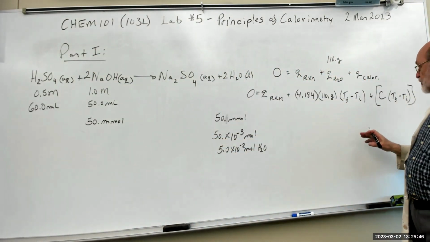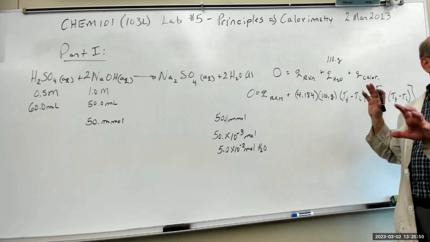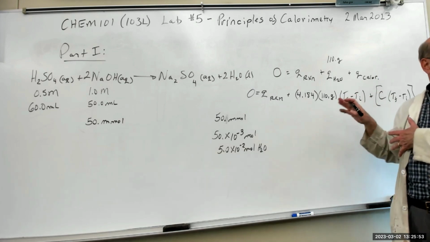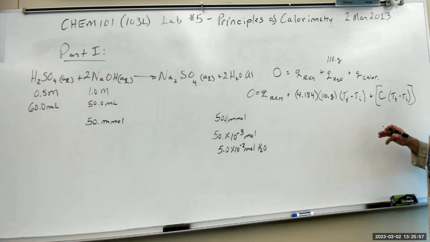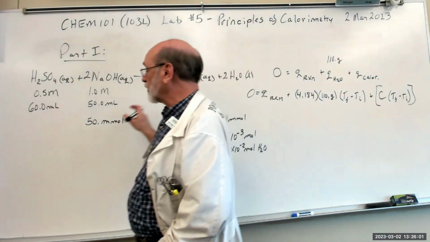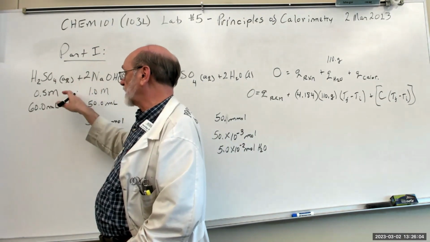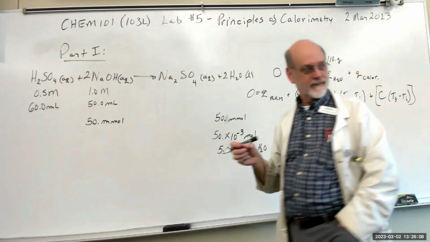Otherwise, you have to split this term right here, split it into two for different initial temperatures. It can be done, but it's a pain. All right. So that's one thing you need to watch out for. When you're setting up and getting ready to go for this experiment, these two temperatures need to be the same.